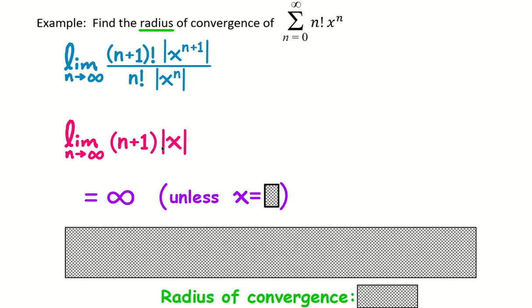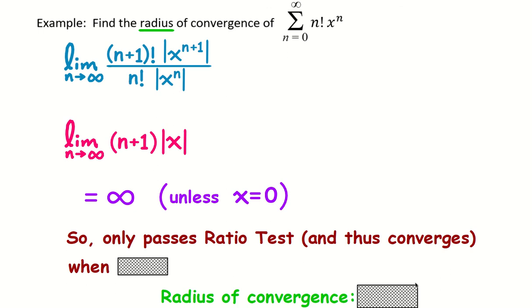If x equals, whatever, negative 5. But if x were to happen to equal 0, then it only passes the ratio test and thus converges when x equals 0. It literally only converges for that one x value. Otherwise, this limit is blowing up to infinity.